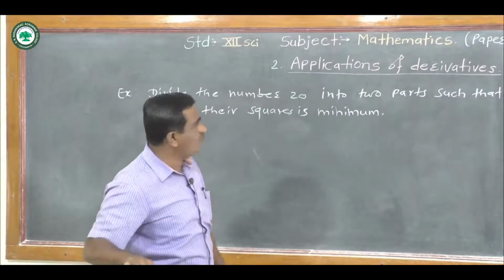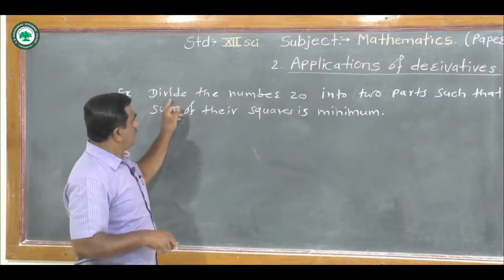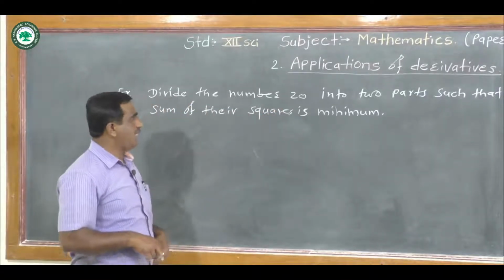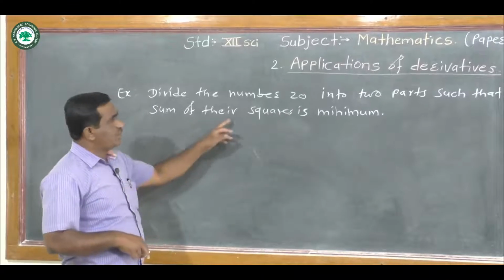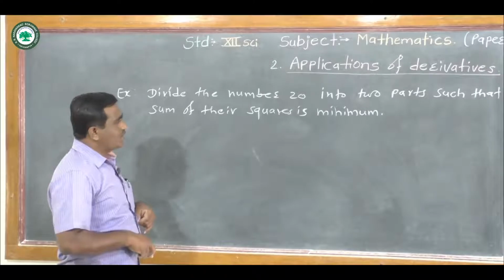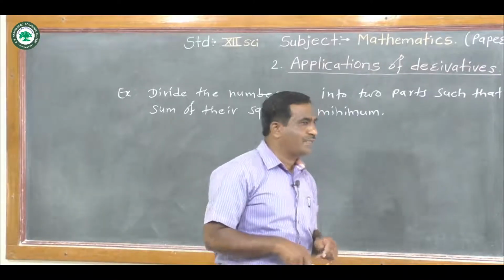Now this is the theoretical example. In this example, we are given that the sum of two numbers is 20 and the sum of squares of these two numbers is a minimum. Now consider any two numbers whose sum is 20.